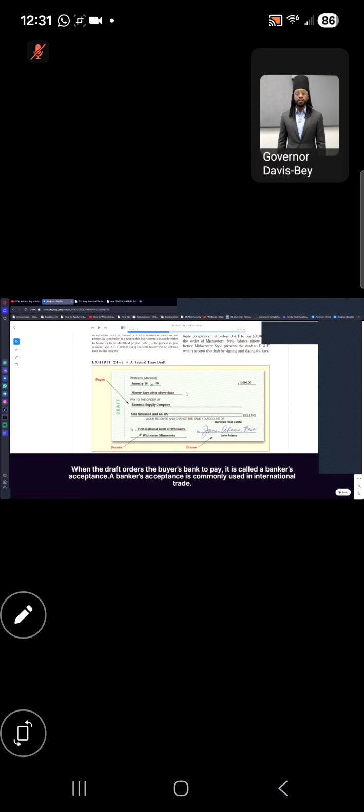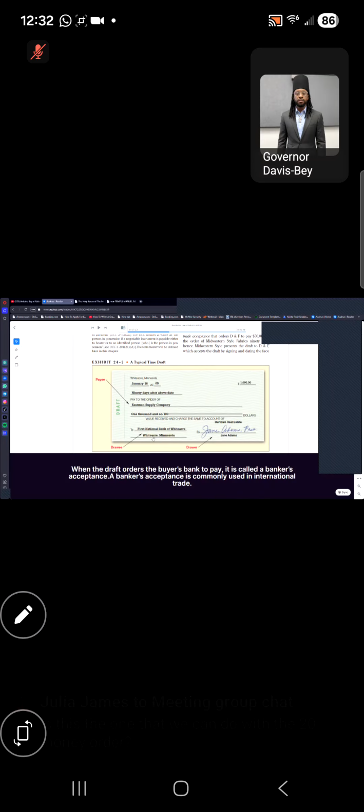So you have to study this to understand how to discharge debt using negotiable instruments. This is what you call a negotiable instrument or a check. You might call it a check, but we're calling it a draft because it's distinct from a check because it's an order to pay.